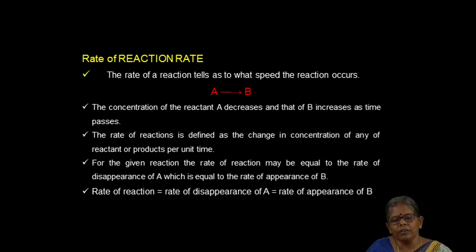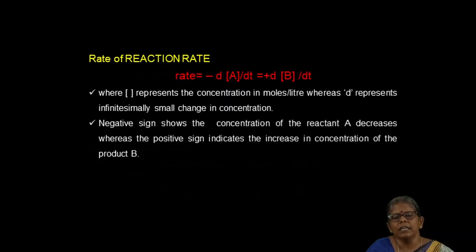That is, the rate of a reaction will be equal to the rate of disappearance of the reactant, that is A here, and the rate of appearance of the product, that is B here. The rate of a reaction is given as minus d[A] divided by dt, where the term within the square bracket gives the concentration in terms of molarity, that is mole per liter, and the small d symbol represents an infinitesimally small change in the concentration.